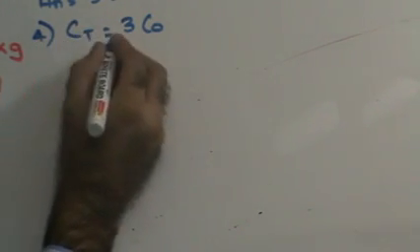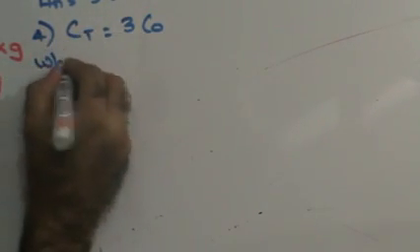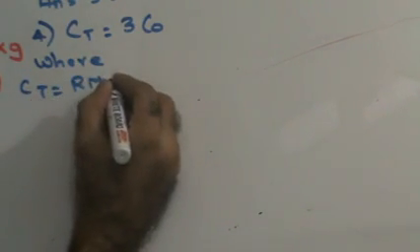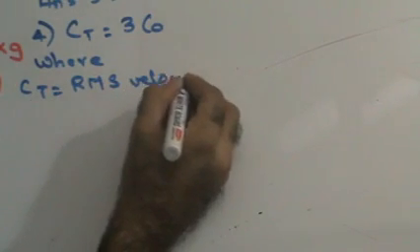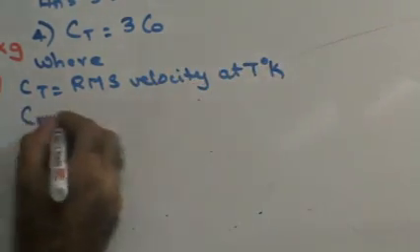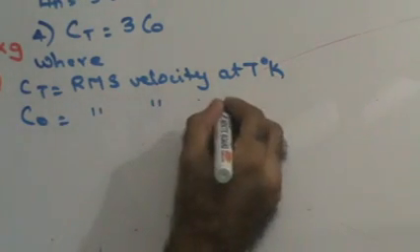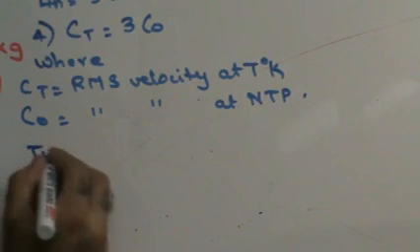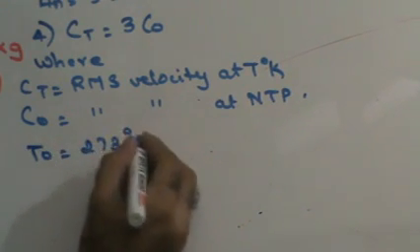So that means they've given you CT is thrice C0, where CT is the RMS velocity at T degree K and C0 is the RMS velocity at NTP. Now since C0 is the RMS velocity at NTP, therefore T0 will be 273 degree Kelvin.